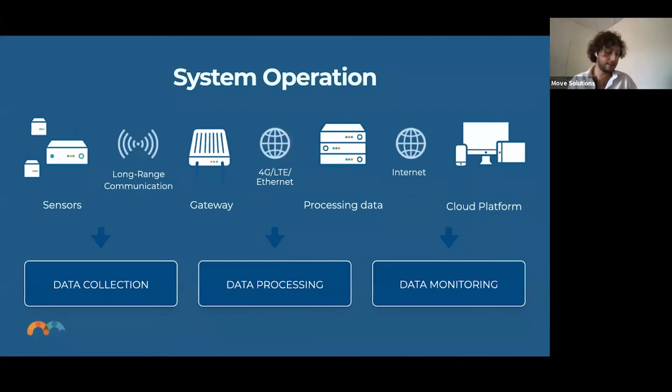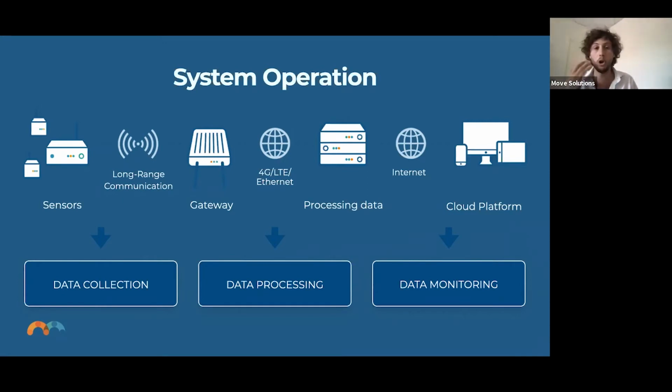Okay, talking about the system, we have the sensors that are on field. They capture the data, and you can install them in 2 minutes because they are completely wireless. They communicate the data over a gateway. The gateway can be placed at a long range from the sensors.